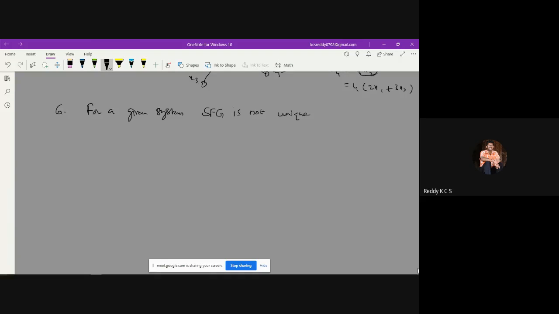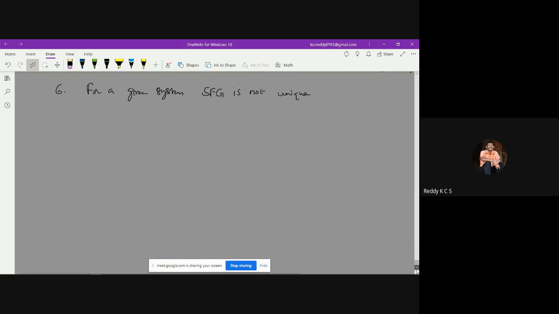You can draw different ways of signals. It means the graphs can be drawn by writing the system of equations in a different manner. If you write the system of equations differently, that is, the variables are represented in a different way, then the signal flow graph will not be unique. That is why the SFG is not a unique property of the system. This is the last property. So these are the six properties related to the signal flow graph.